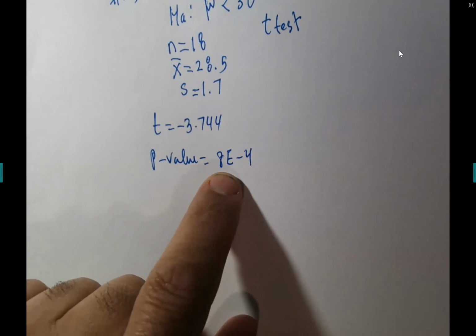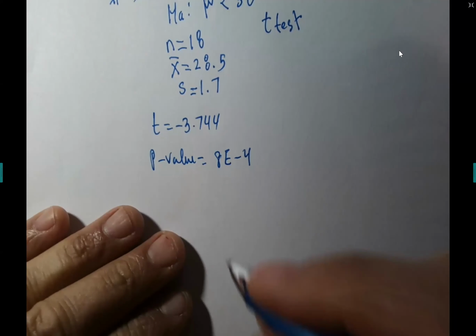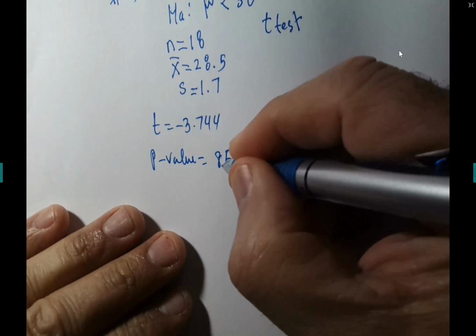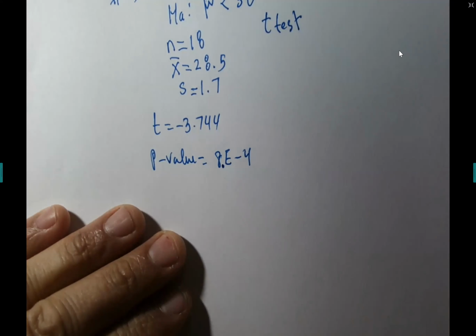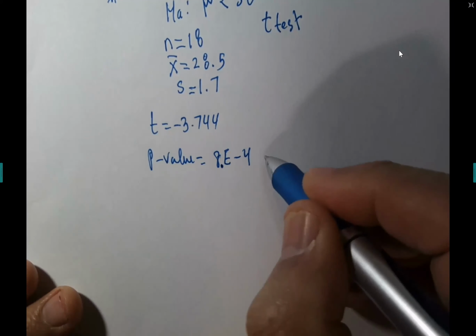E-4 means 10 raised to the power of -4. That means you have to move the decimal point 4 digits to the left. And you ask me, where is the decimal point? It's sitting right there. So if you move this 4 digits to the left, what would that be, the number? 0.00008. Yep, that's the number.